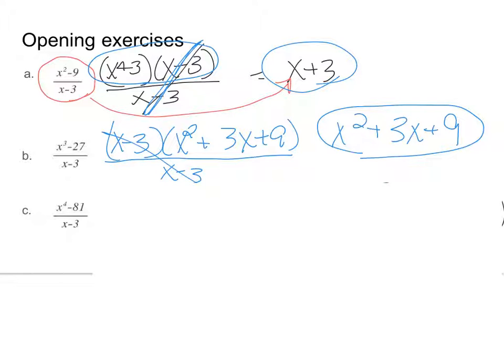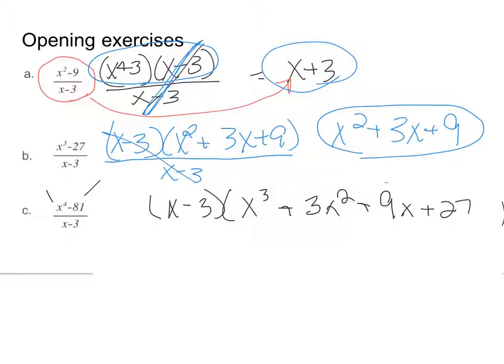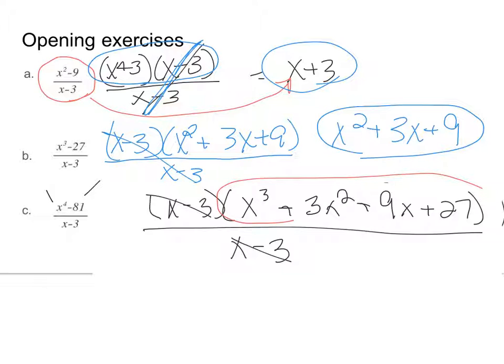We can do x minus 3, and then you have your a and your b term. We go down by powers for the first term and up by powers for the second term. So a 3, a 9, and then a 27, all over x minus 3. So we have our answer here. Do you see how that's so much faster than long division if you can recognize your patterns?